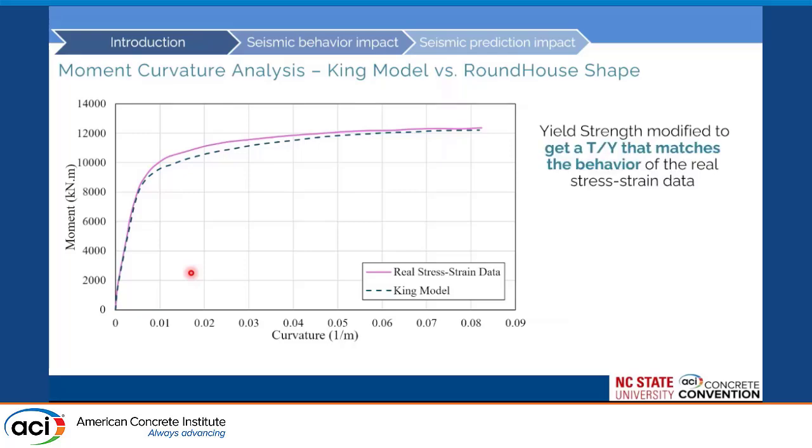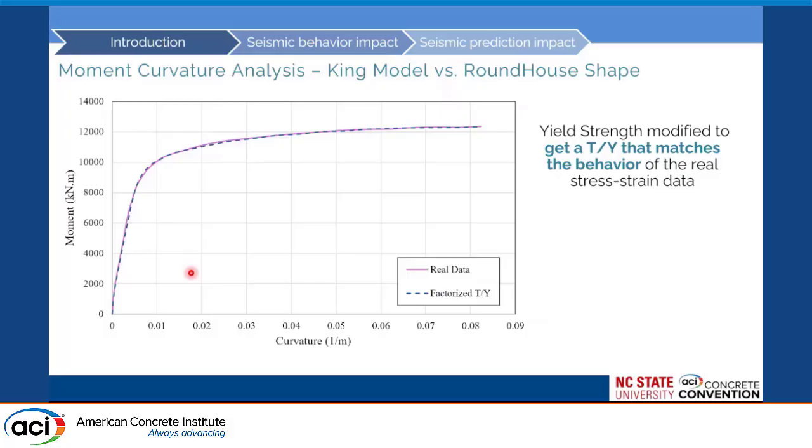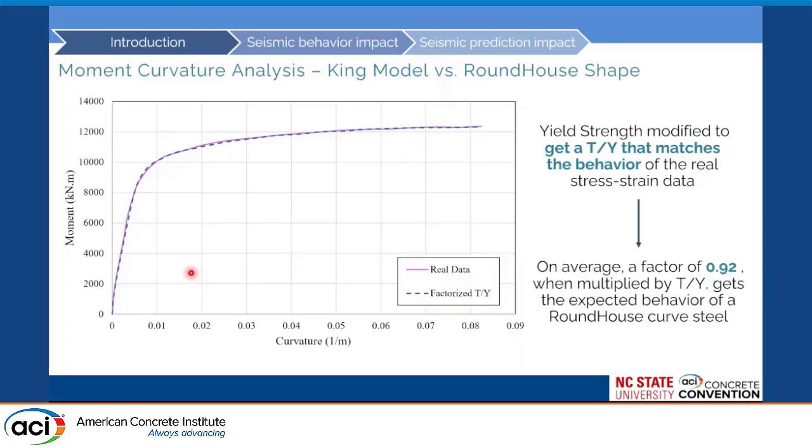In other words, we wanted to define a factor that would multiply T to Y to accurately predict the behavior of the roundhouse stress strain curve for lateral loading of columns. And that was the result. I did that for all of the moment curvature analyses, but I didn't want to put it all in one graph. We noticed that on average, a factor of 0.92 got us to the actual behavior with the real stress strain curve, taking into account the shape of the stress strain curve.